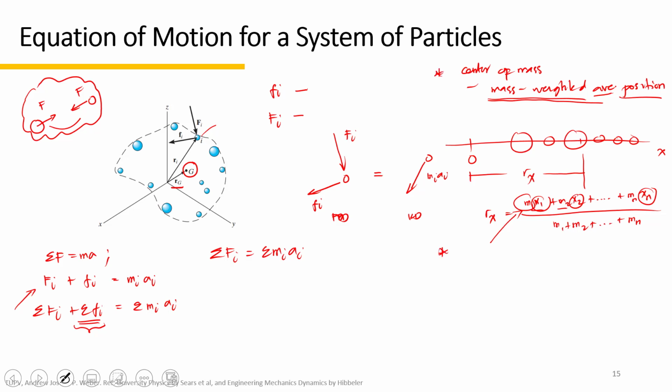Additionally, the center of mass is the point to which a force may be applied to cause a linear acceleration without angular acceleration. It is a hypothetical point in a given body wherein you can apply a force which may cause a linear acceleration but without angular acceleration.